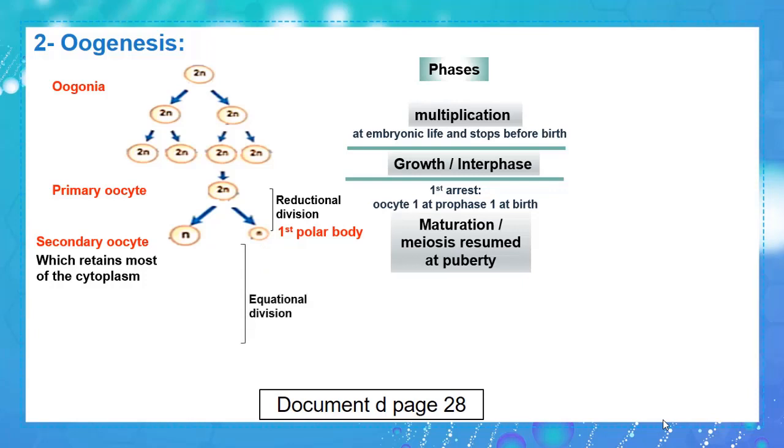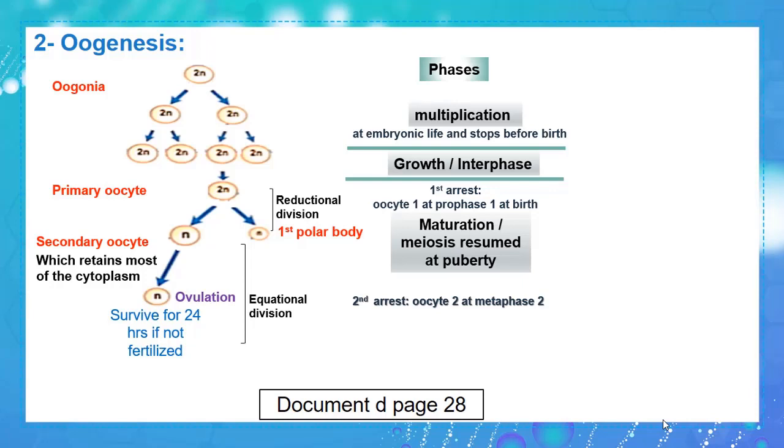But the oocyte 2 will undergo its second meiotic division, and just as this oocyte 2 reaches metaphase 2, it will be released from the ovary by ovulation, and meiosis will be arrested for the second time at metaphase 2.